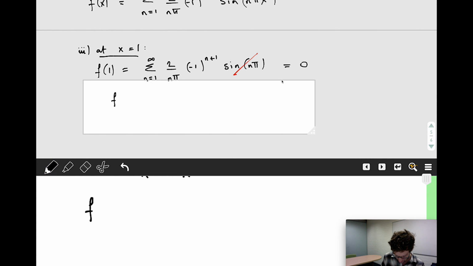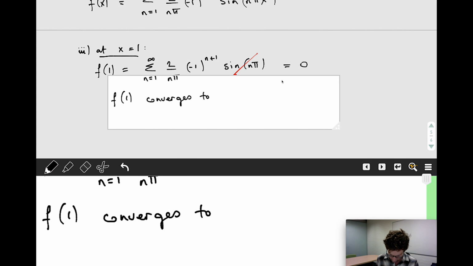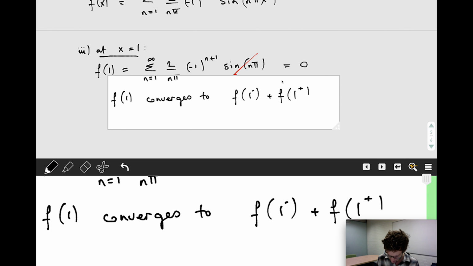So that's a very useful and important result: the value of the Fourier series at a discontinuity converges to the point halfway between just before the discontinuity, so we write that as 1 minus, and the point just after, 1 plus.